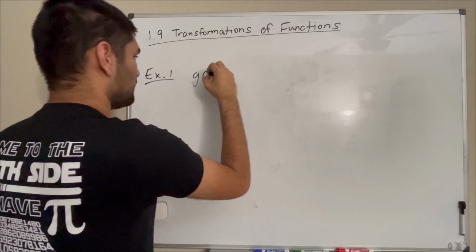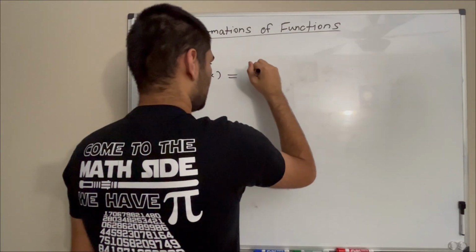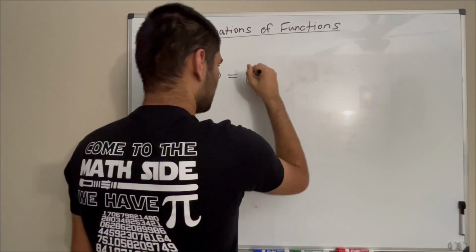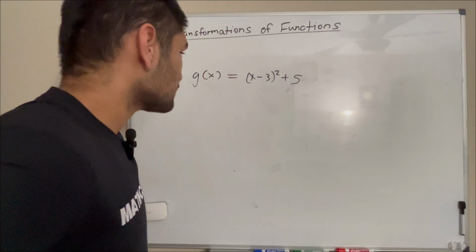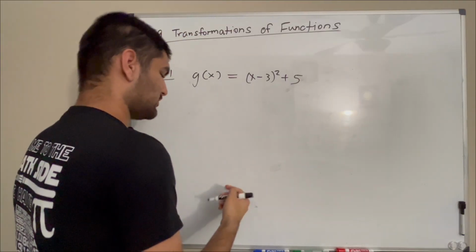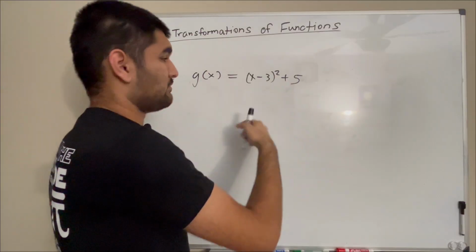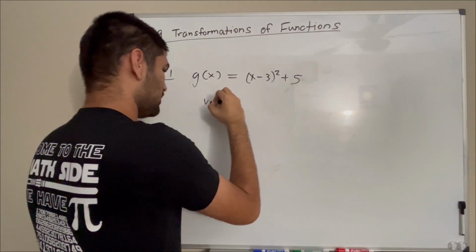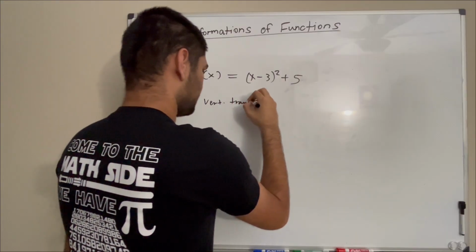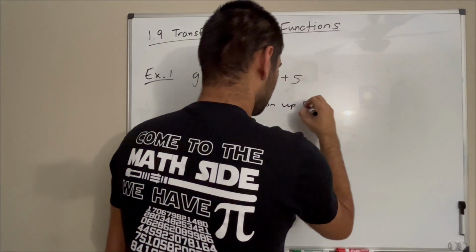Let's say we have g of x is equal to x minus 3 squared plus 5, right? Okay, so what are all the transformations on this one? So we have a plus 5, so that means it's a vertical translation. We have a vertical translation up k units, which in this case is 5.